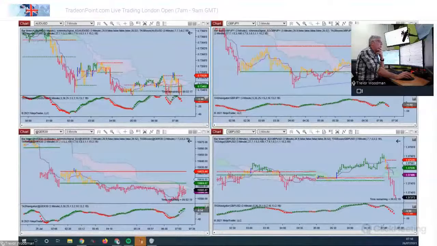Right, so what we've got going on at the moment is I've just moved over to NinjaTrader 8 because we've changed brokers.